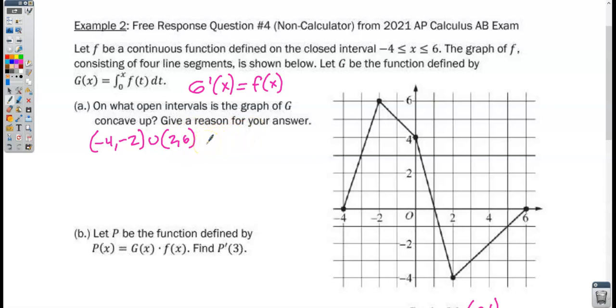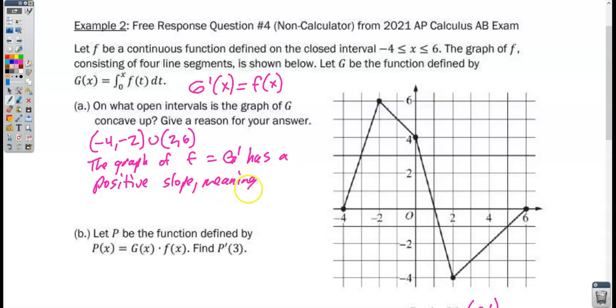And as far as a reason for my answer, the graph of f, which equals G prime, has a positive slope here, meaning G double prime is greater than 0. Some kind of explanation like that.